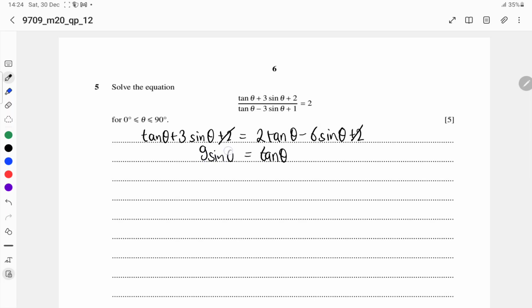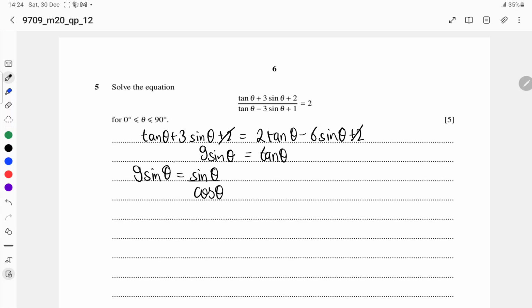I think everyone understands what I have done here. We know that tan theta equals sine theta over cos theta, so we can write 9 sine theta equals sine theta over cos theta, and then we can cancel the sine theta on both sides, as long as they are not 0.